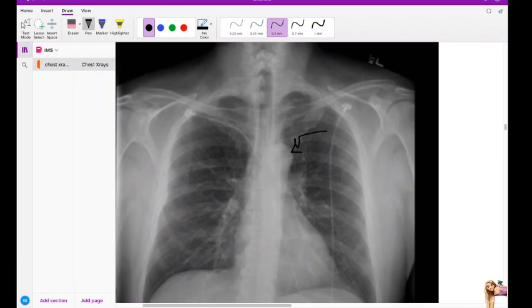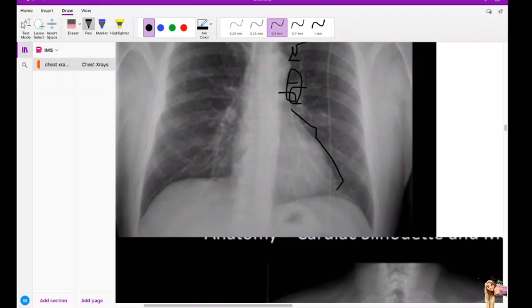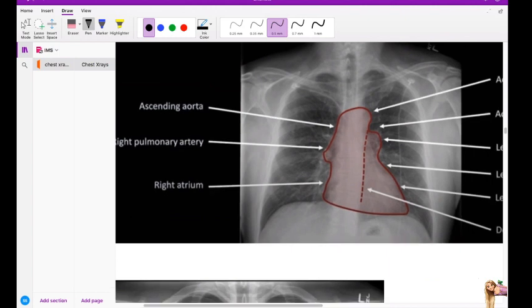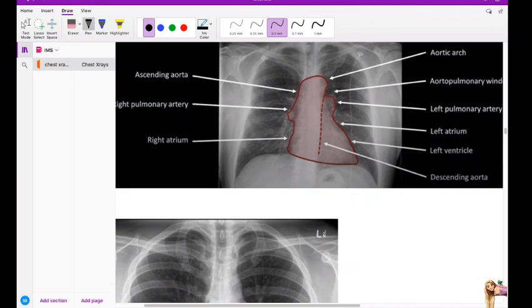This is the aortic arch. This is the pulmonary artery. This whitish thing is the vessels. You cannot see it so clearly, but it's kind of whitish. This is left atrium, left ventricle, right atrium. Some people say there's IVC over here. I'm not sure. And then this line that's coming down, that is the descending aorta. That's what they've marked in this image.